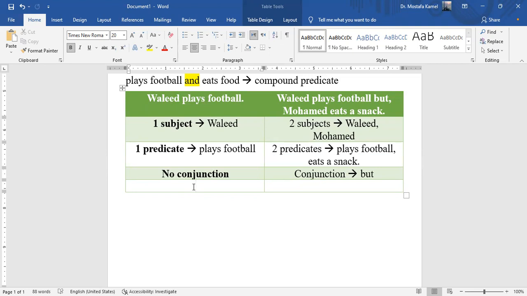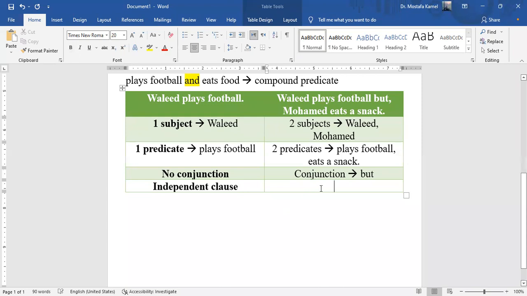Yes, it makes a sentence. It has a subject, it has a predicate, so it makes a sentence. So if a sentence has a subject and a predicate, it's called an independent clause.